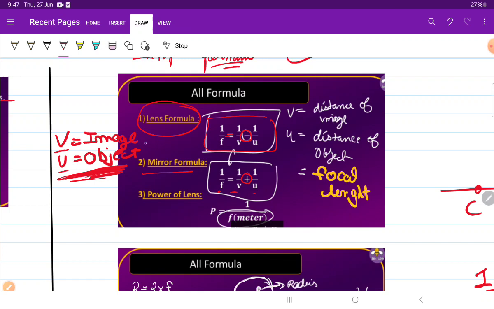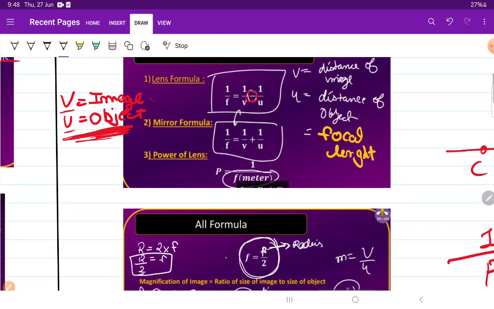V is the height of image or a distance of image, and u is the height of object or a distance of object. Okay, and f is the focal length. So this is the formula of lens and mirror.